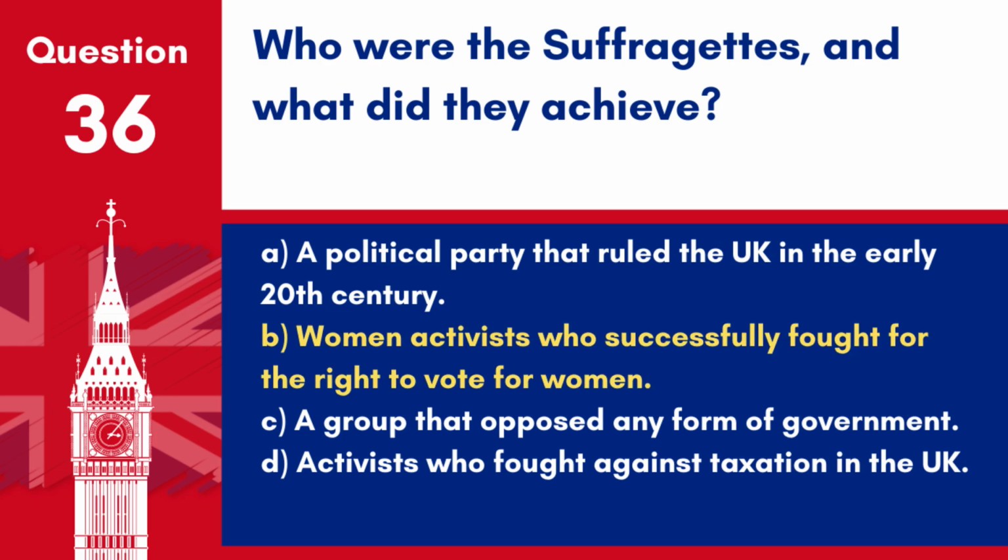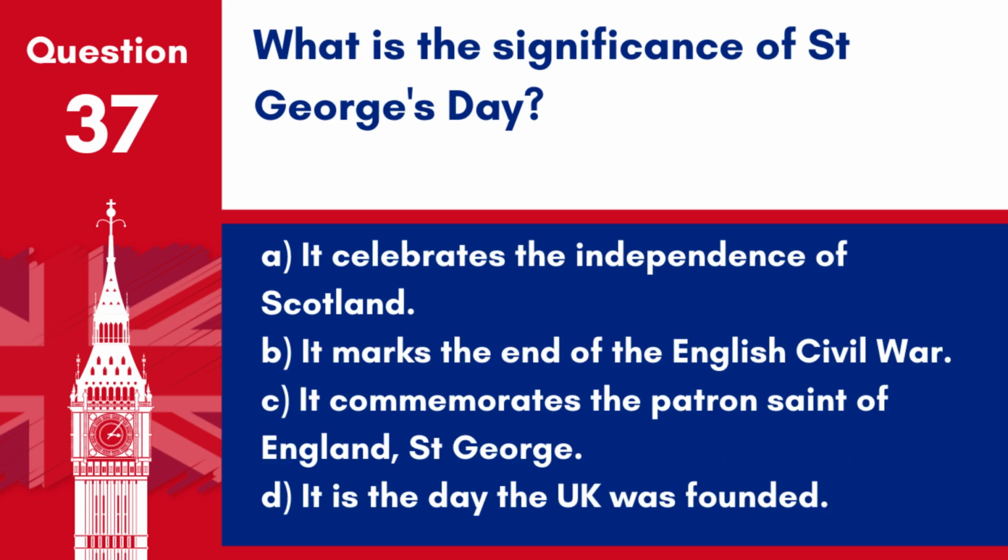Answer. B. Women activists who successfully fought for the right to vote for women. The suffragettes were a movement of women activists who campaigned and eventually succeeded in securing women's right to vote in the UK.